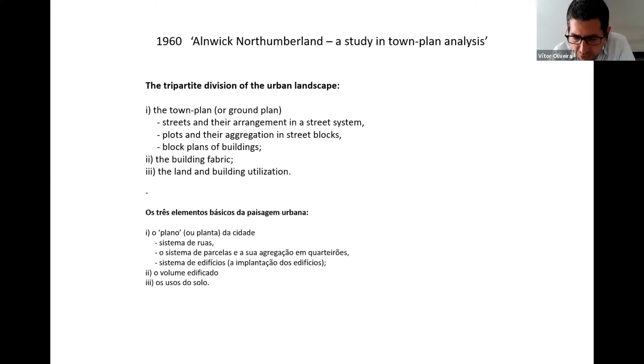It was in Newcastle that he started to analyze a number of small cities, all very near Newcastle, and in particular this small town of Alnwick, Northumberland, that would be central to the development of this approach.